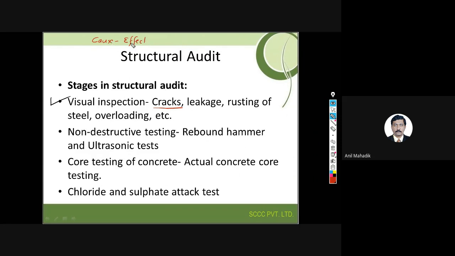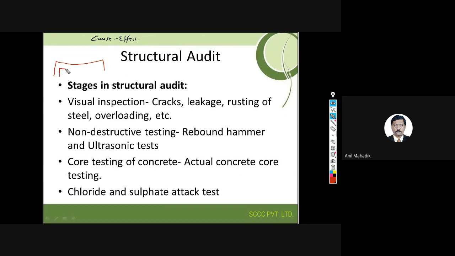So let's say there is a beam. I'm just doing this to understand the cause and effect. Let's say you are seeing this visually.